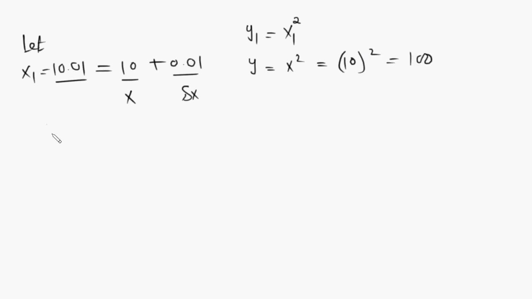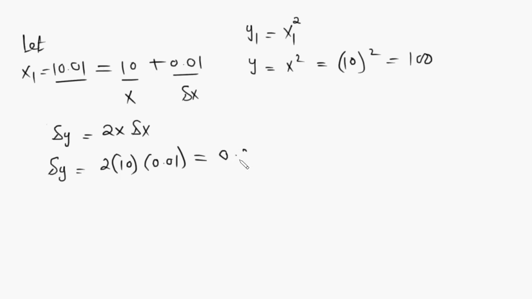But I also know that delta y is 2x delta x. What is my delta x? It is 0.01. So my delta y is just 2 times 10, this is my x, times 0.01. So this is just equal to 0.2.